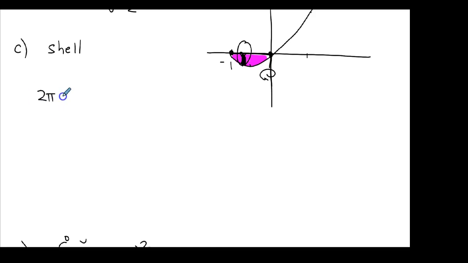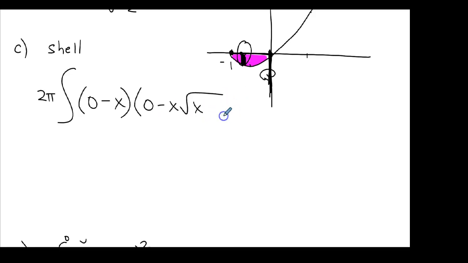So 2 pi times the average radius. What is the distance from the line I'm revolving about to that rectangle? Very good. Right minus left. What is the height? Top minus bottom. And what would that be? And there you go.